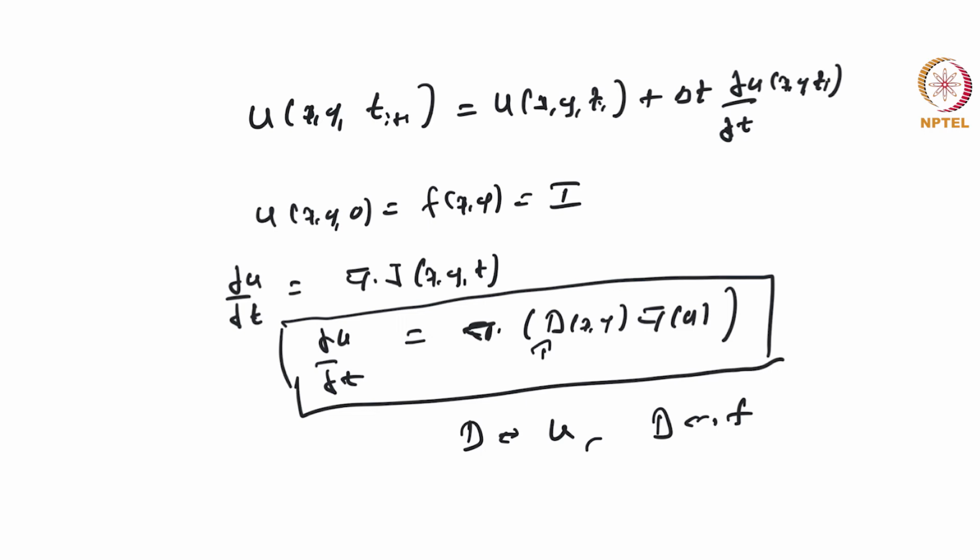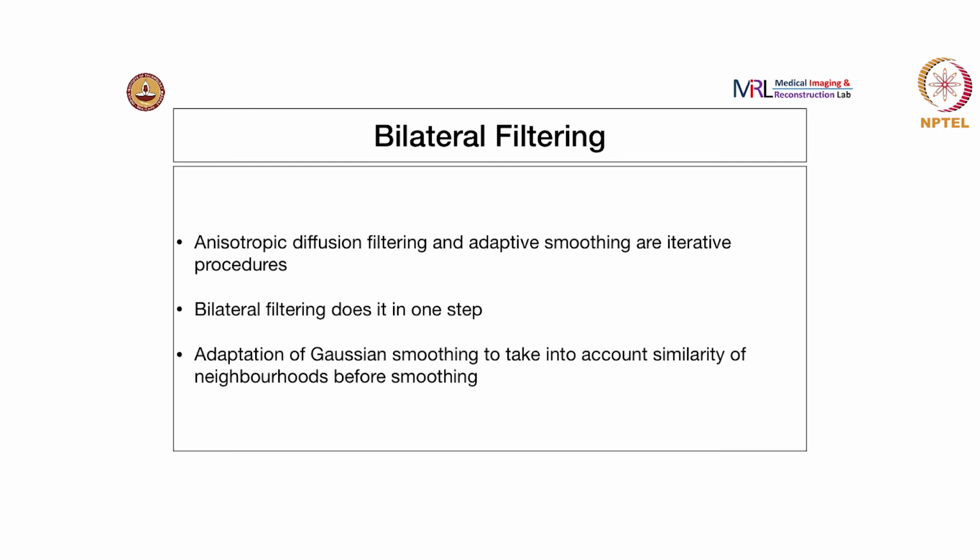So the next topic is bilateral filtering. The anisotropic diffusion filter and adaptive smoothing are iterative procedures, but bilateral filtering does it in one step.